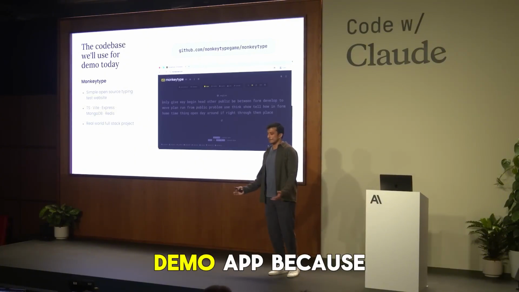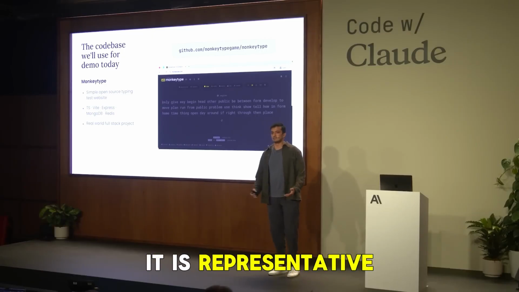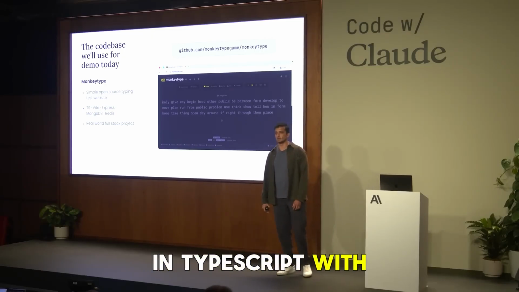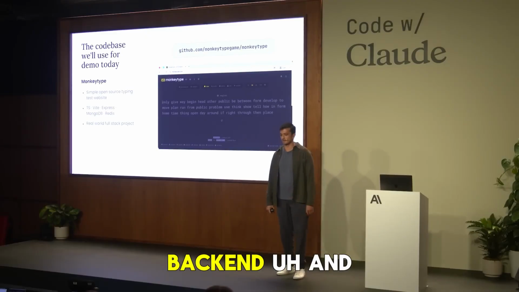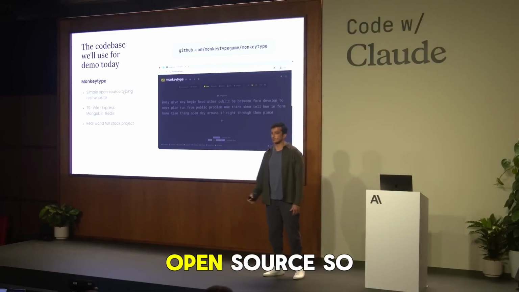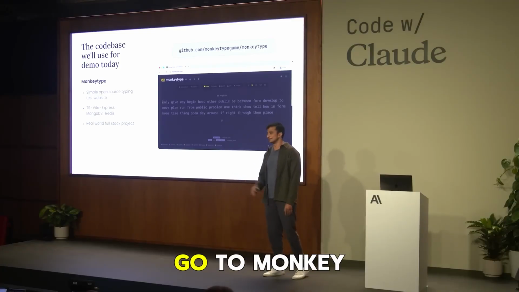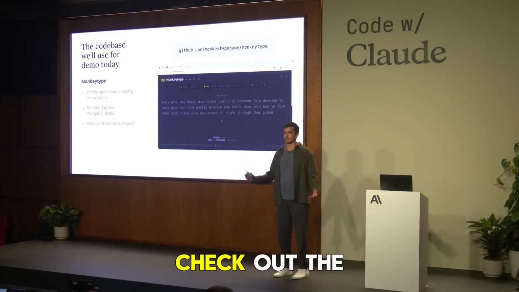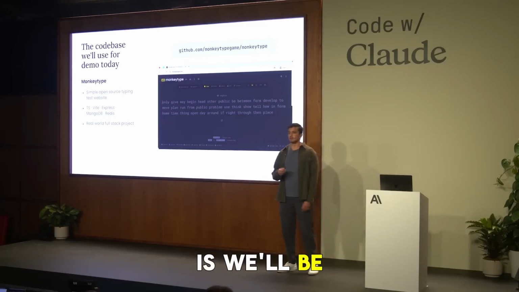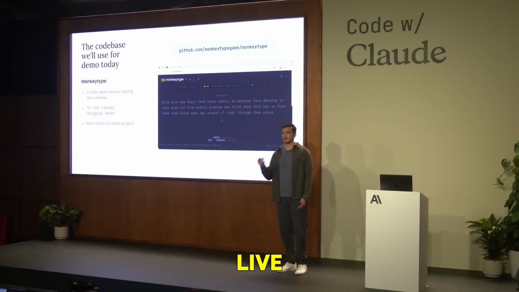I like this as a demo app because it is representative of a real-world full-stack app. It's written in TypeScript with an Express backend and MongoDB and Redis as persistence layers. And it's open source. So you guys can go to monkeytype.com right now. You can even check out the source code if you want. But what we'll be doing in this demo is we'll be creating a verification loop live.